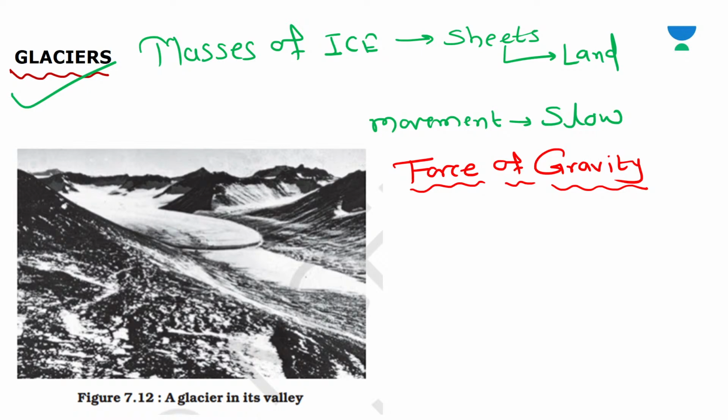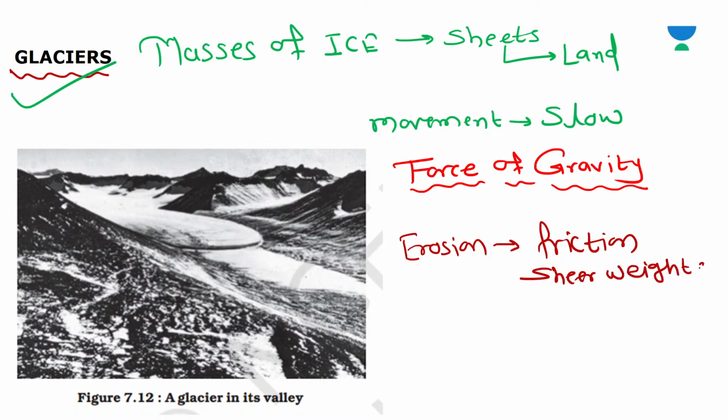Now, erosion by glaciers is tremendous because of friction caused by the sheer weight of the ice.